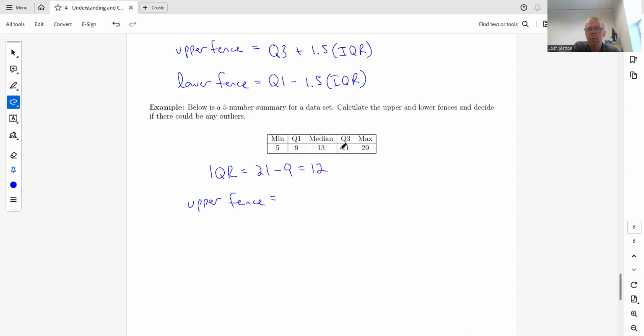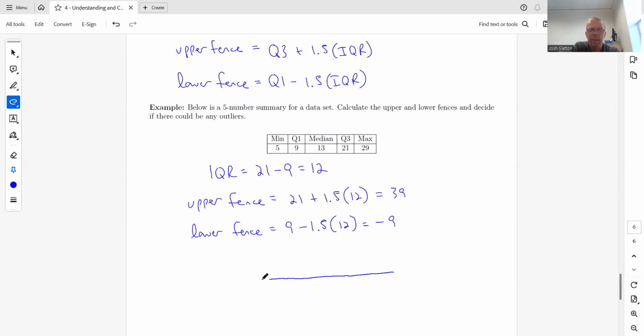So Q3 plus 1.5 times the IQR. If my math is correct, 21 plus 18, that would be 39. And then the lower fence would be Q1, which is 9, minus 1.5 times the IQR, which is 12. So 9 minus 18 would be negative 9.